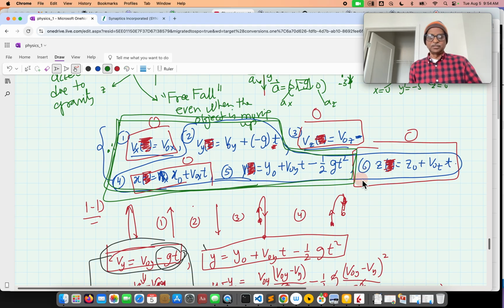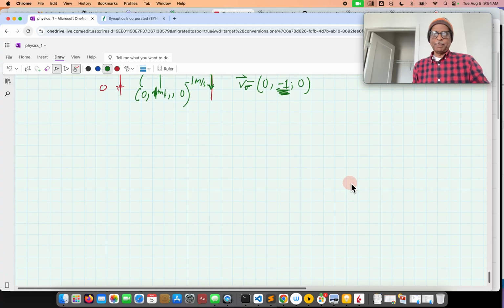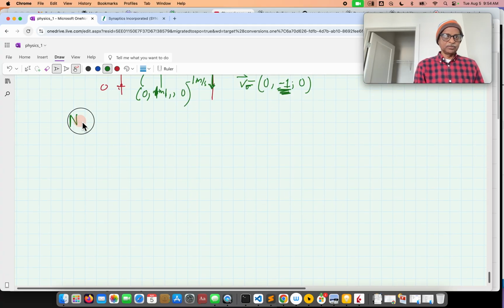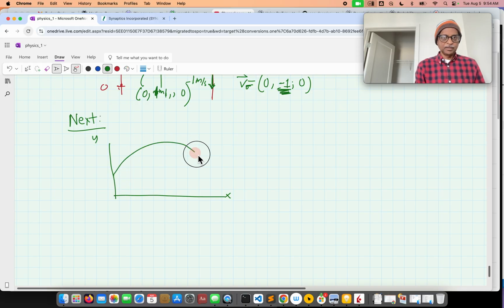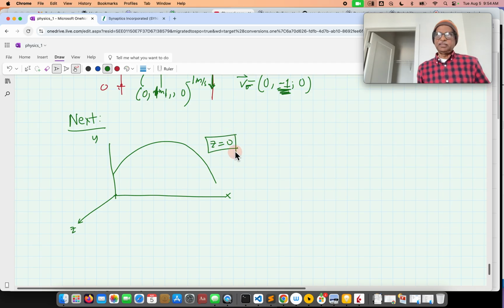So the next lecture will be motion like x, y, kind of like that. And for this motion, z equals 0. But I think this video has come very long, and I'm going to postpone the discussion of this motion.